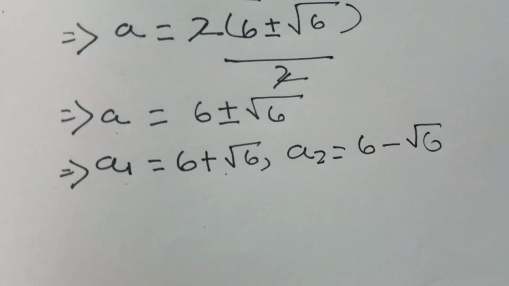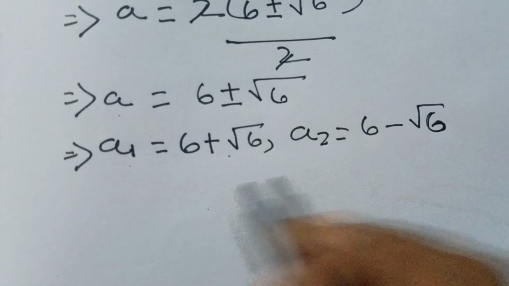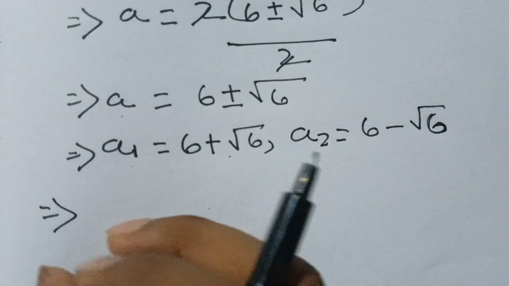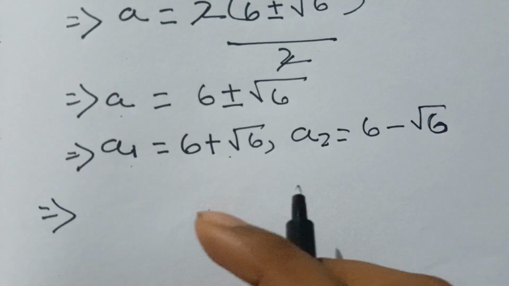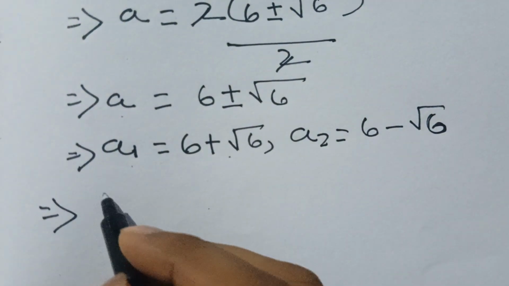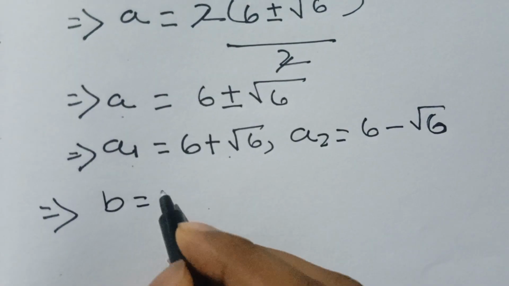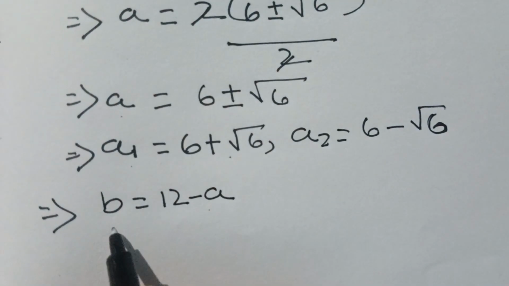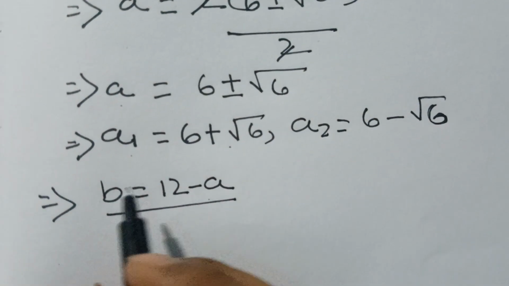In the next step, we'll find the corresponding values of b. We can recall that b is equal to 12 minus a, from equation 1.